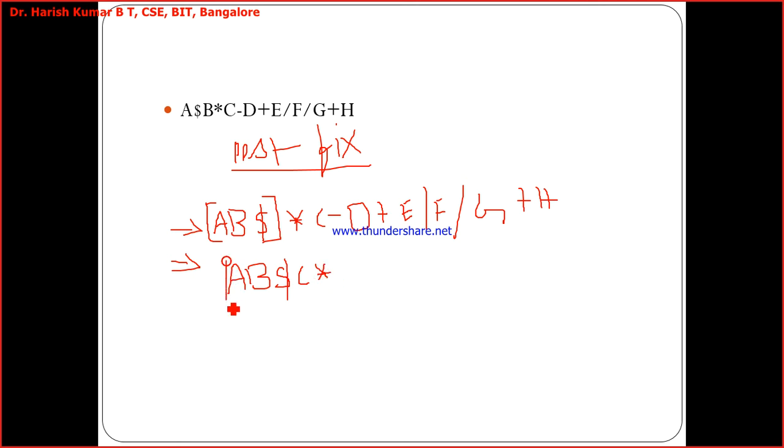Now this entire thing becomes one operand. Correct? Next minus. So C is already done. So I have to start writing from here. D plus E divided by F divided by G plus H. Okay, next.